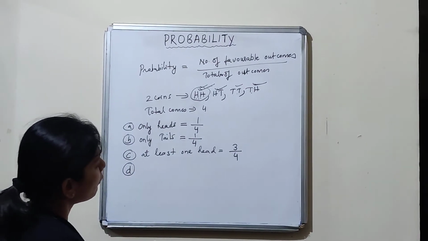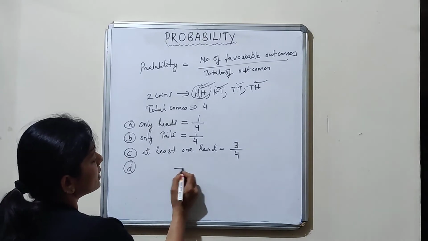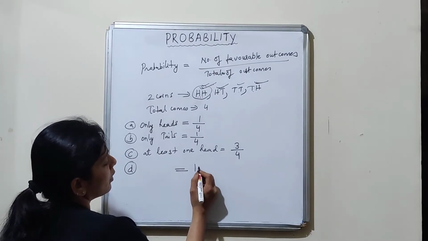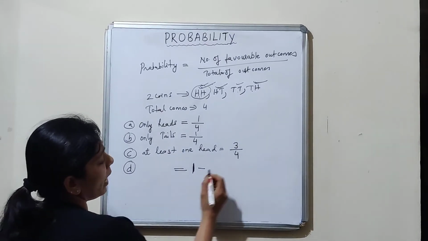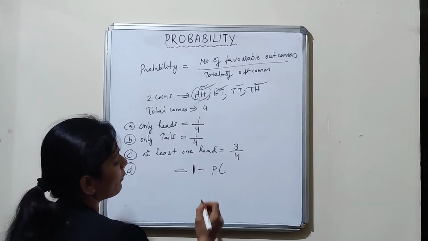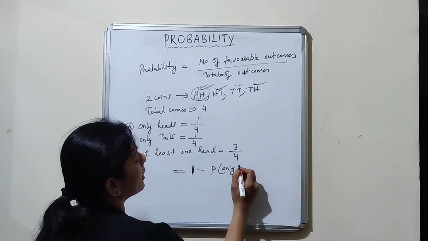We can also take out at least one head by a different method. Here we are taking 1 minus probability of only tail.